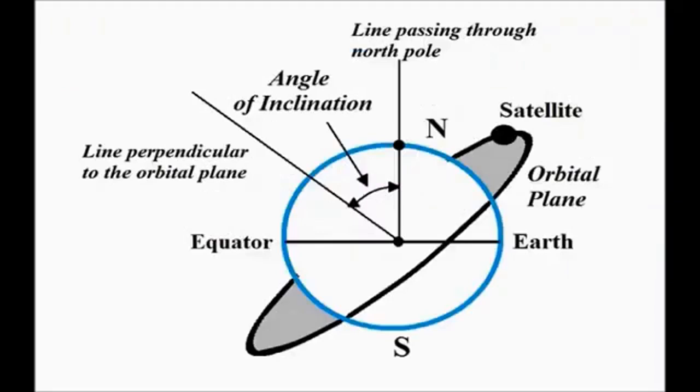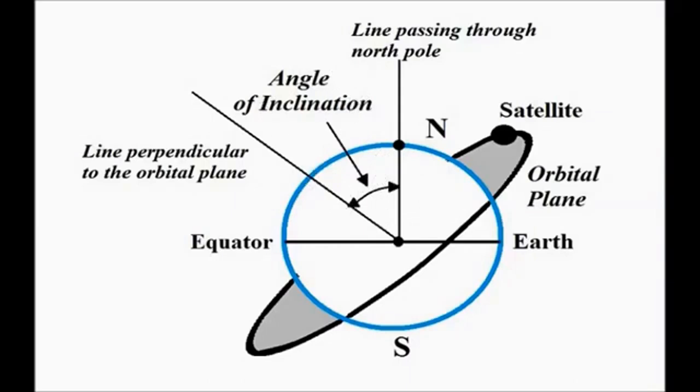According to the first definition, it is the angle formed between the line passing through the geocenter perpendicular to the orbital plane and the line passing through the North Pole and the geocenter. That's the first definition.